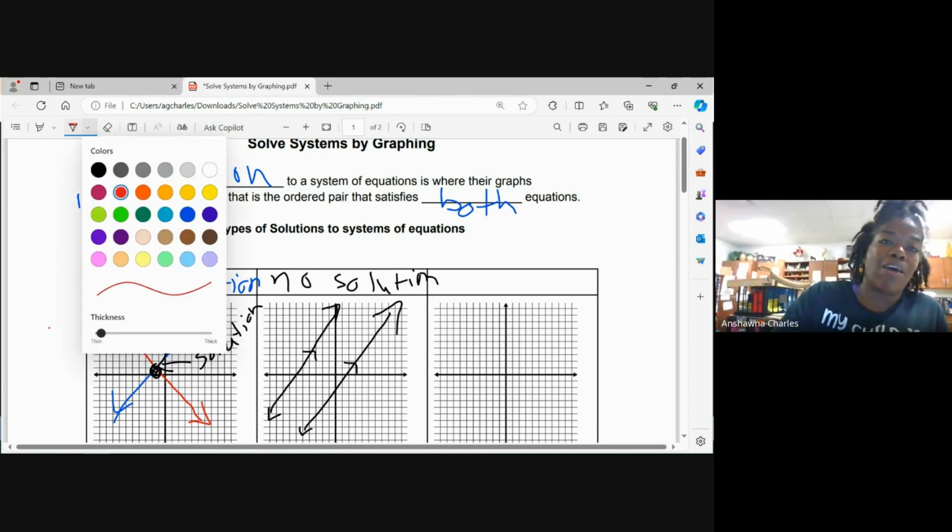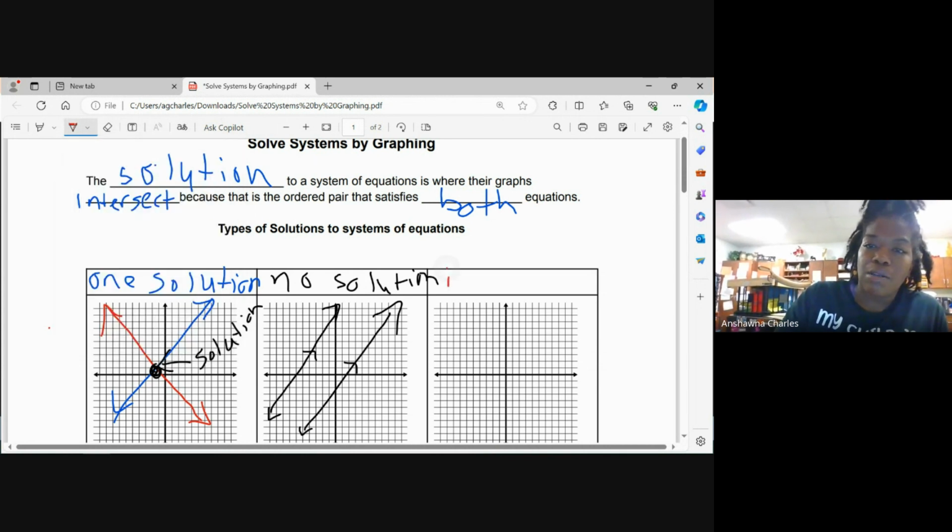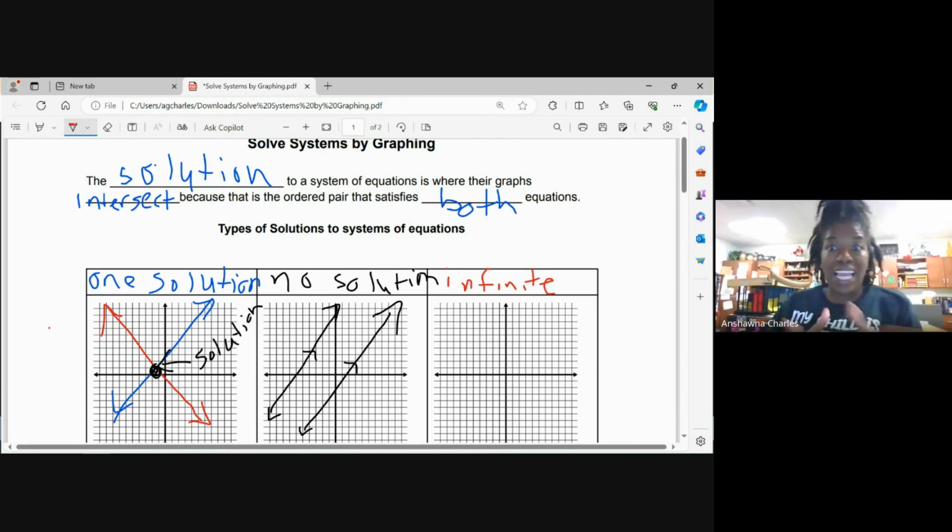And then you can have infinite solutions. The other one you can have is infinite, just like the word sounds, like infinity, a whole bunch, a lot. It never stops. Infinite solutions. And you can fix this in your box. It's just harder for me to write on this screen and fit it in the box.